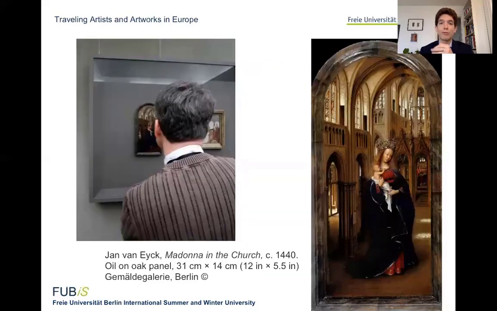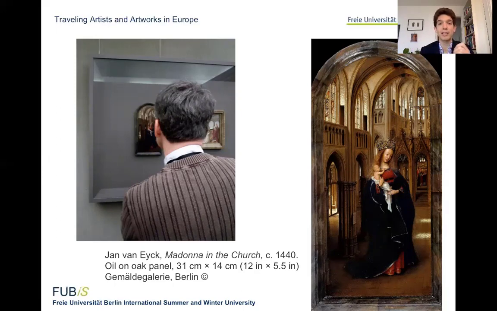I wanted to start my lecture with this object because I think it's always important to think about how the objects that we see today under a glass window in a museum were originally much more complex in their use and in their, let's say, manipulation.